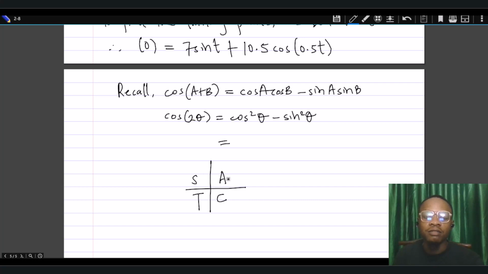Look at this now. If we are starting off with this interval, from this point to this point we have 90 degrees, then to this point is 180 degrees, and then this is 270 degrees. Sine is positive here, and sine is also positive here.